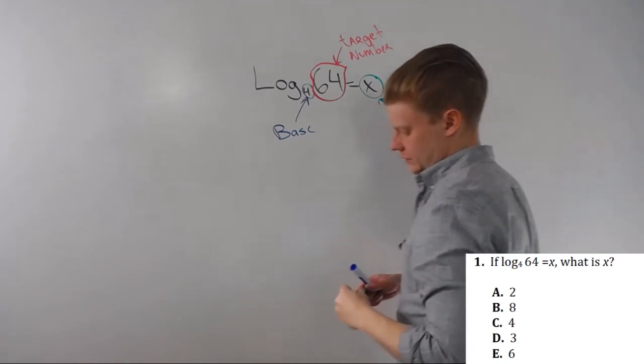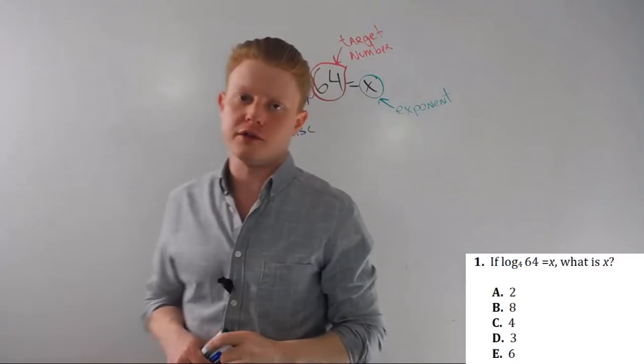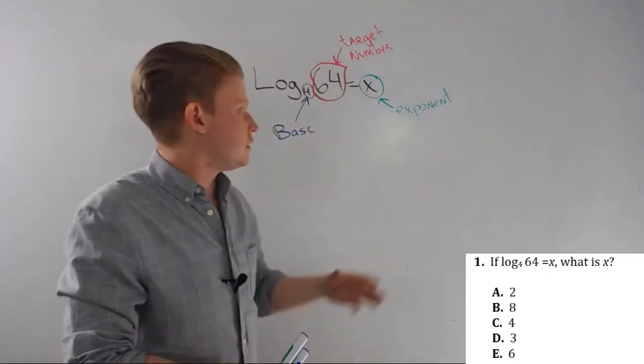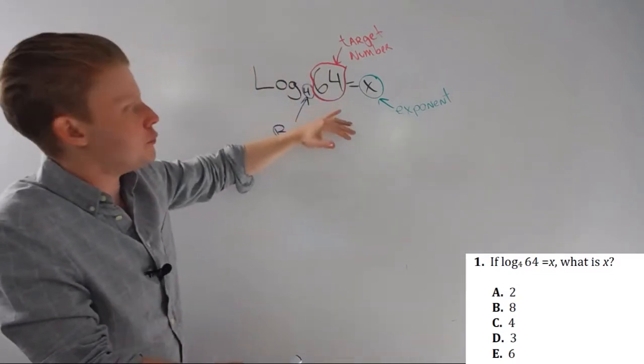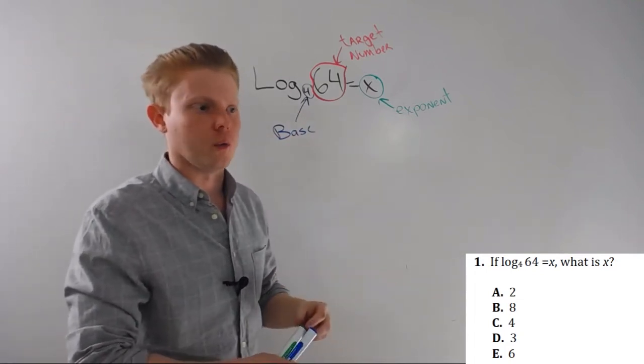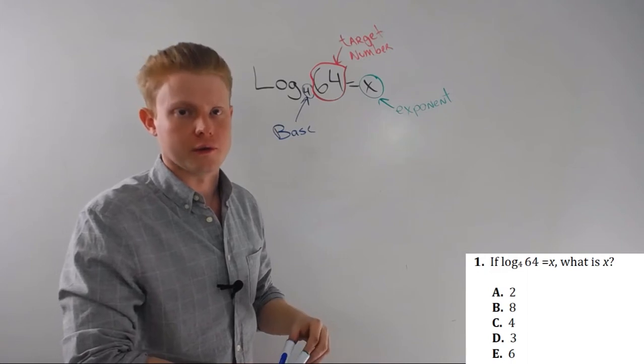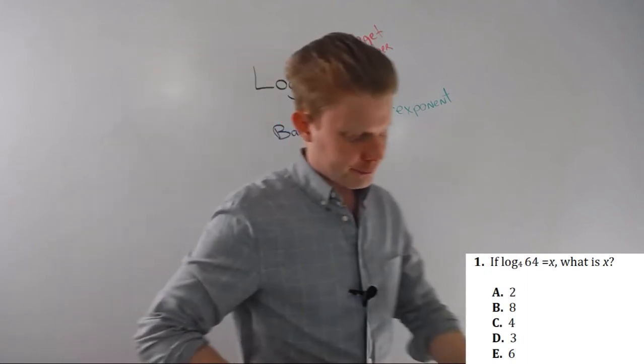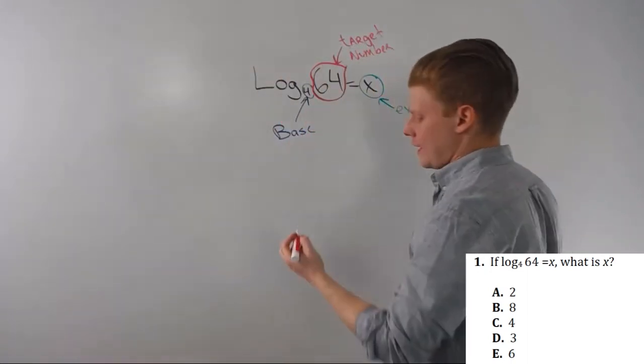The exponent. So really, to solve these, what I think works best is to take this out of log and put this back into exponential notation. What logs are is a way to express exponents. It really is. So let's do that. 4 is the base.